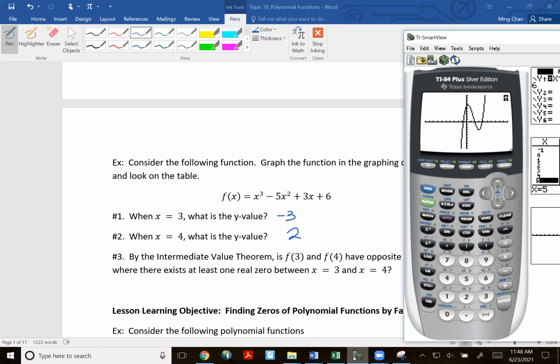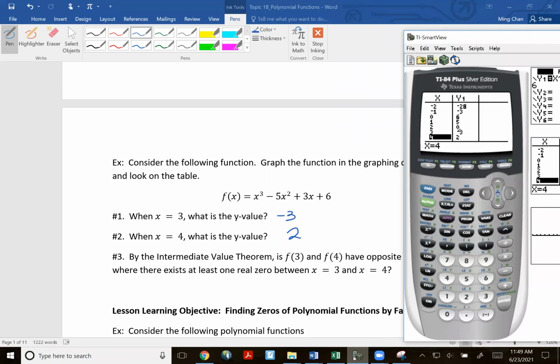If it crossed over the x-axis, then there's got to be a 0 in between them. But right now, my calculator doesn't tell me. See right here, when x equal to 2, y is 0. Everybody see that? So that's one 0 of the function. But you see, between -1 and 0, the y values also have opposite signs. So that tells me there is going to be a 0 between 0 and -1 on the x-axis.